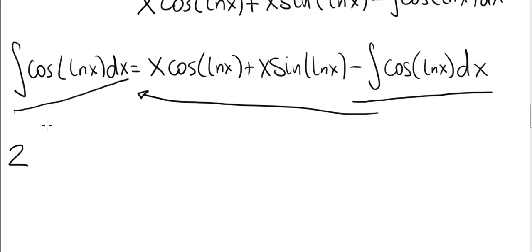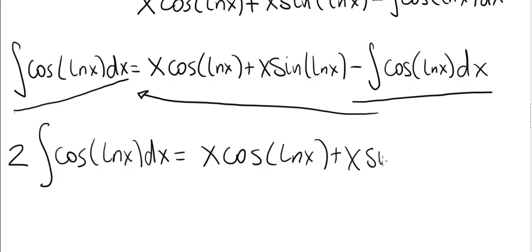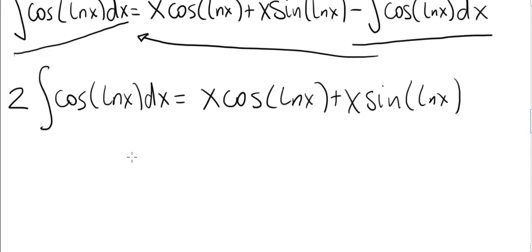The left looks like twice the integral of cosine of ln of x, and the right hand side doesn't have any more integrals. It's x cosine ln x plus x times the sine of ln x. Now divide by 2 and we have our solution. So it's kind of an indirect way of solving it, but nevertheless it's a valid solution.